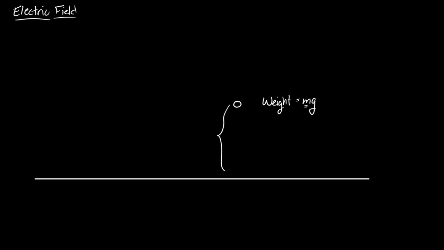We also made this interesting observation, although I'm not sure you made this as an observation, but the acceleration of gravity was relatively uniform everywhere near the surface of the Earth. And so we would use 10 meters per second squared as our acceleration, 9.8 if you thought you were being so technical.